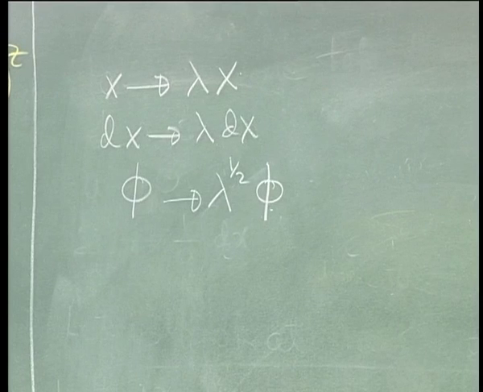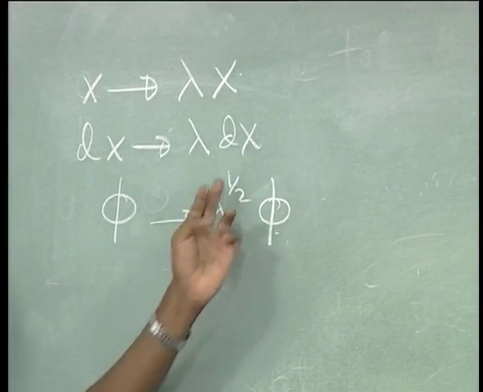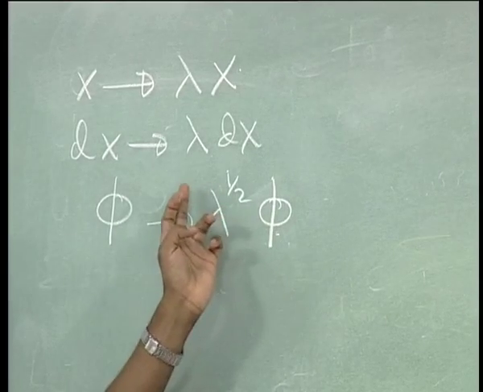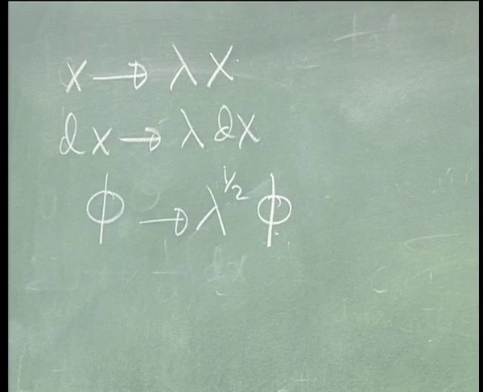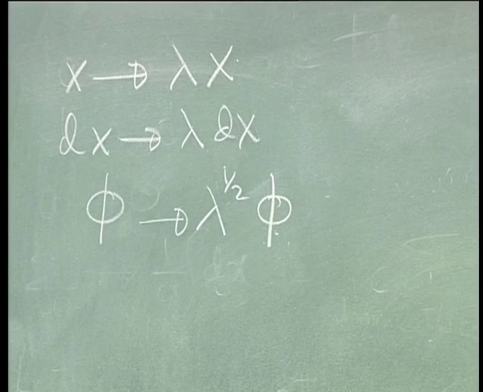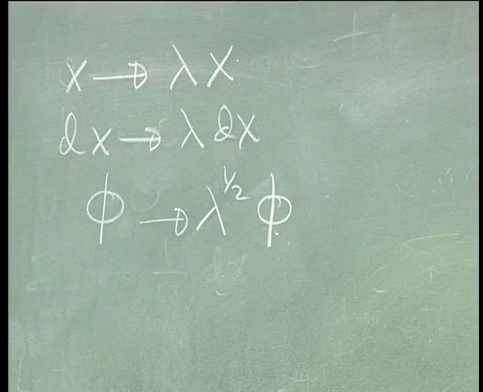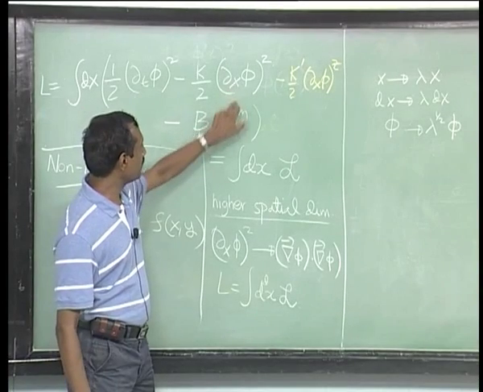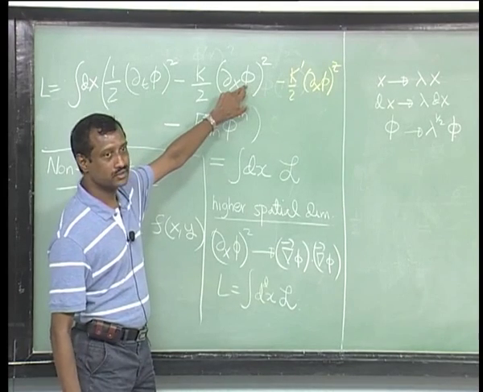Now that this term has fixed the scaling, we will call this half, or minus half actually to be precise, the scaling dimension of the field phi. What about here? There is a d by dx here, so this will go like 1 by lambda. There are two of them, that will give you 1 by lambda squared, and phi gives a square root.